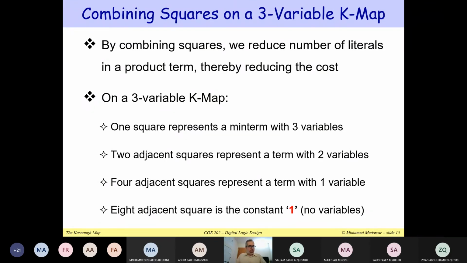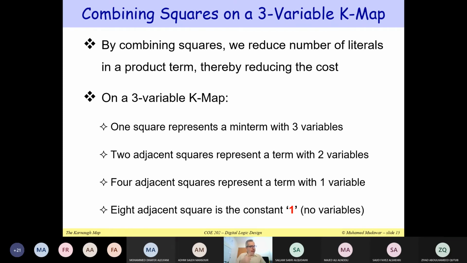If you combine 2 adjacent squares, which are next to each other and are ones, then we can reduce it to one term that has only 2 variables. And if you combine 4 adjacent squares, the number has always to be a power of 2: either 2, 4, or 8. So if you combine 4 adjacent squares, then you can reduce it to a single variable.